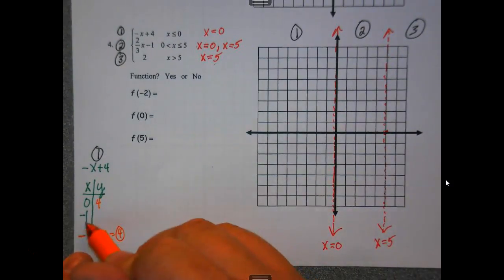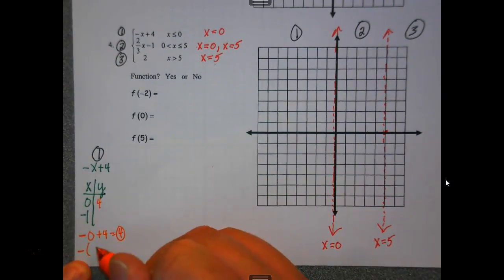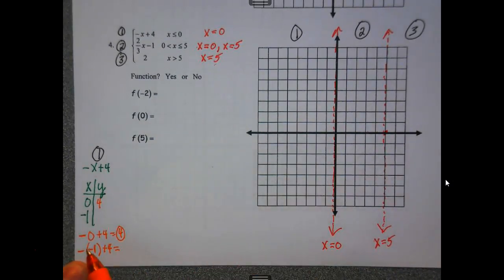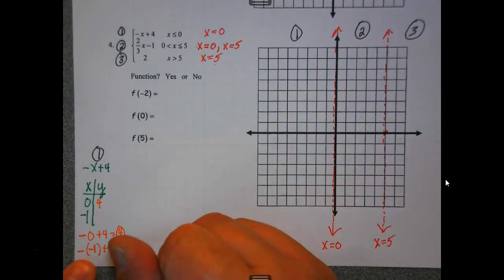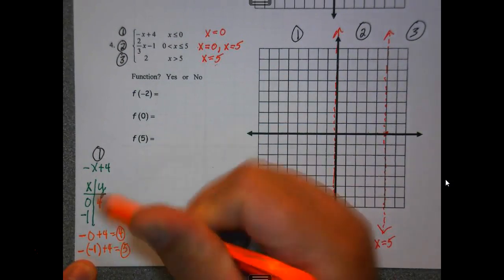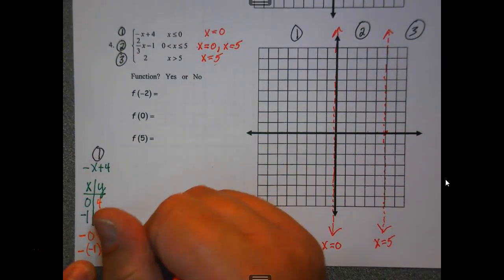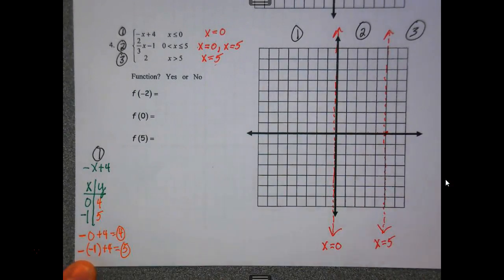Then I plug in negative 1, so my x is negative 1 plus 4. Double negative makes it a positive, so 1 plus 4 is 5. So when my x is negative 1, my y is 5.